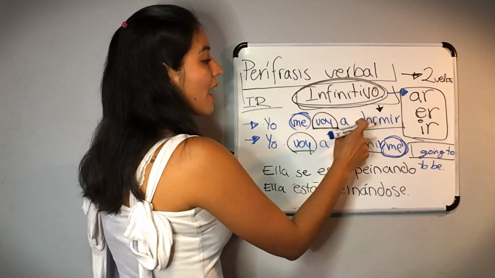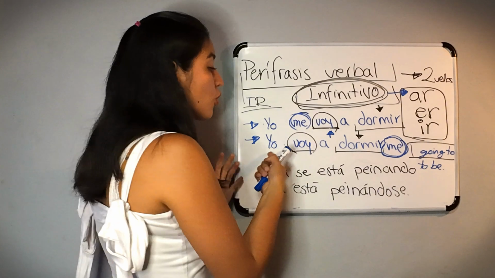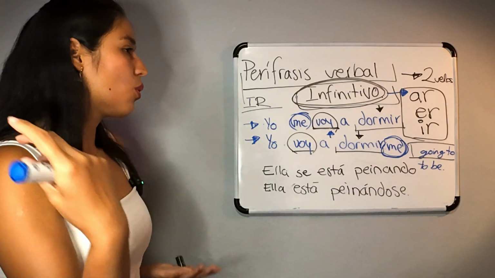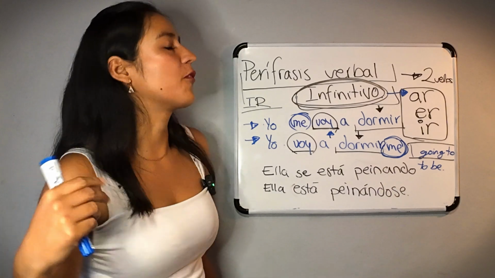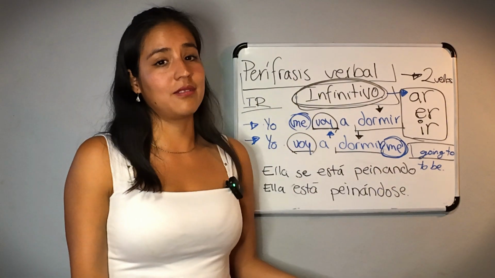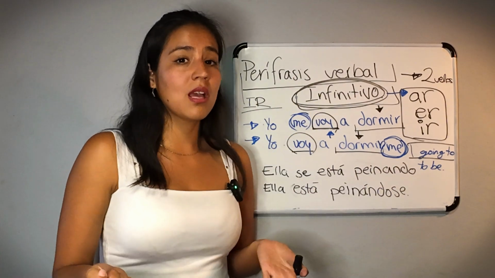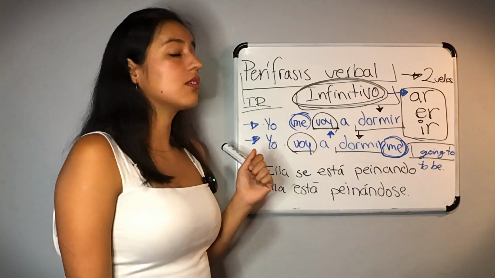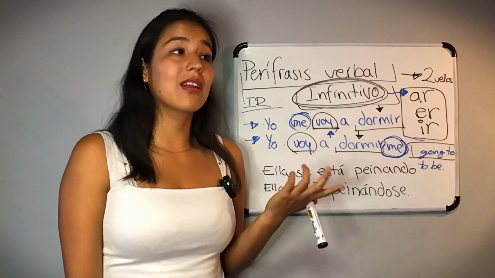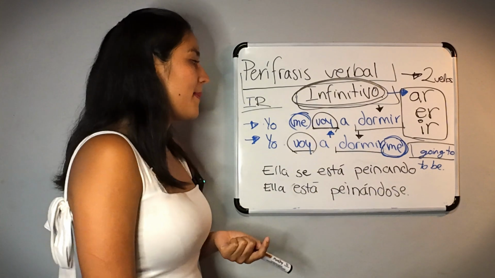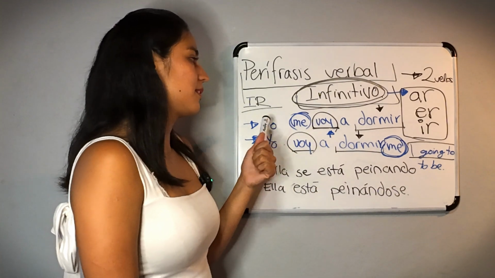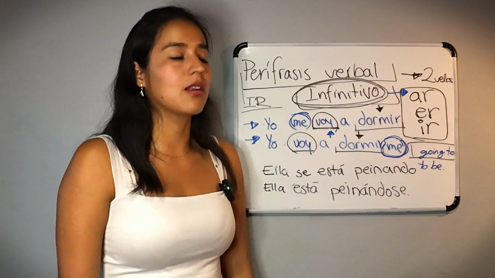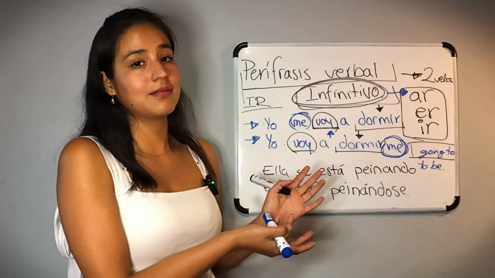"Yo me voy a dormir" or "yo voy a dormirme." Which one is better? Which one should I use? It doesn't matter. It's exactly the same. You just have the choice to use one instead of the other. And that's why people get super confused, because if you are learning this and then you realize that you can say it also like this, you are like, I don't even know how to do that. Well, easy peasy.